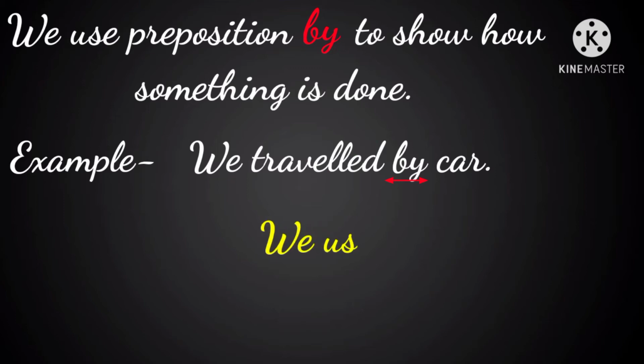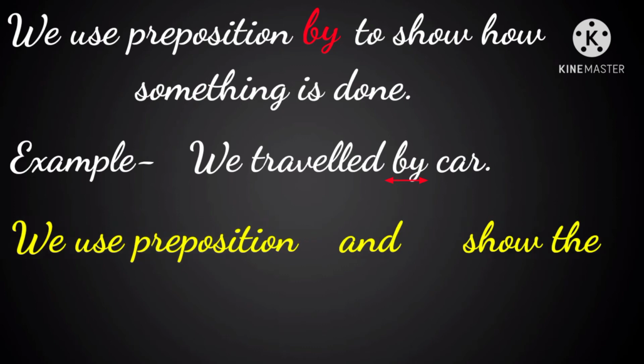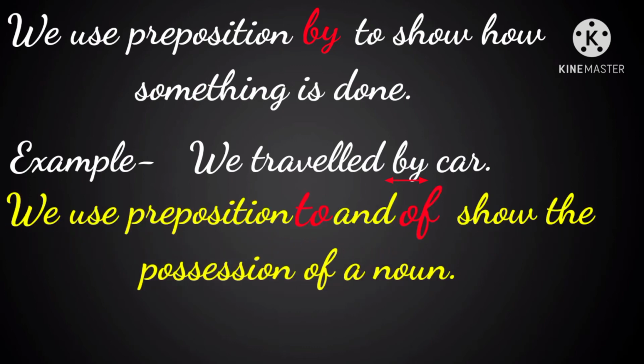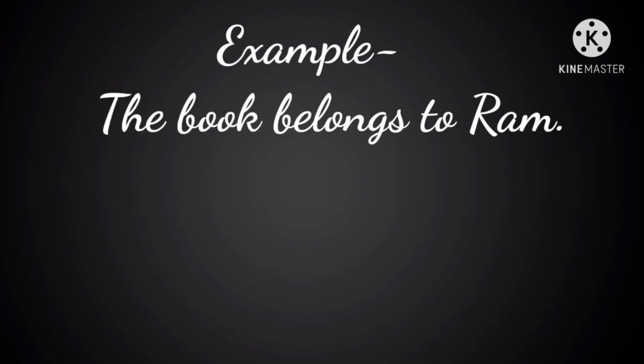Next rule is, we use the prepositions to and of to show the possession of a noun. For example, the book belongs to Ram.